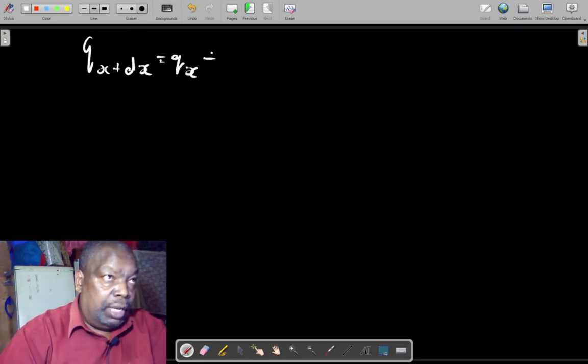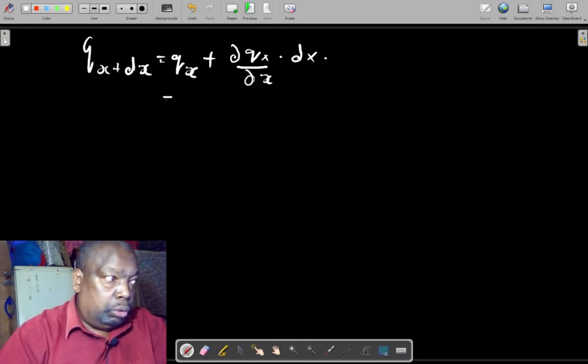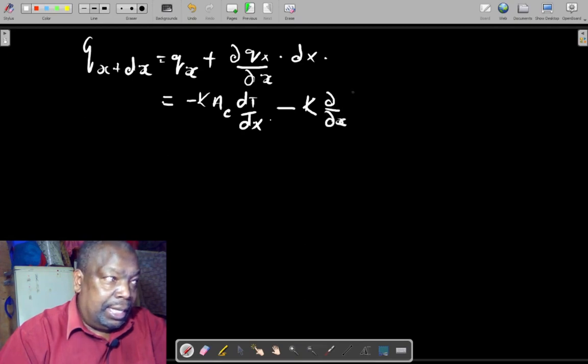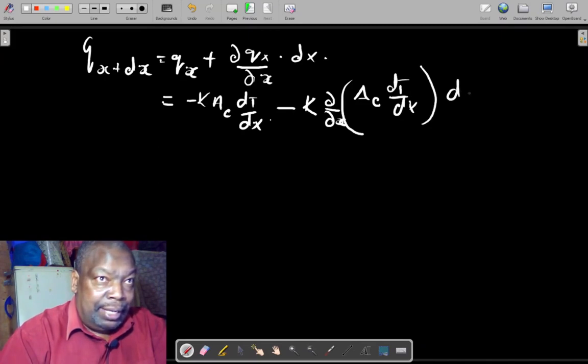So we have Qx+dx equal to Qx plus dQx by dx times dx, which is equal to minus k Ac dT by dx minus k d by dx of (Ac dT by dx), and we are multiplying that by dx.